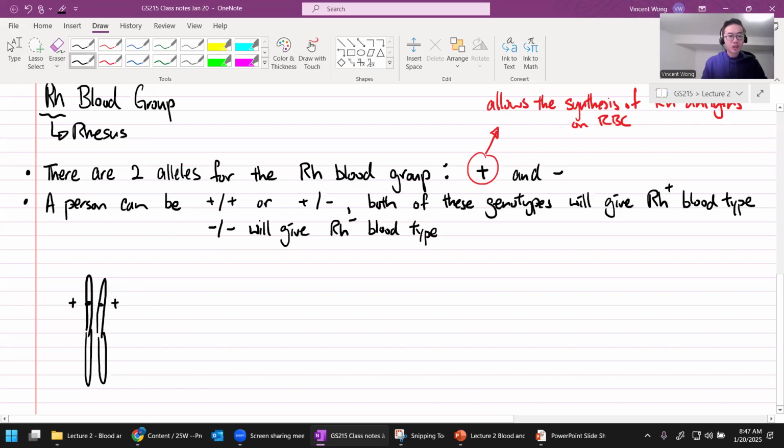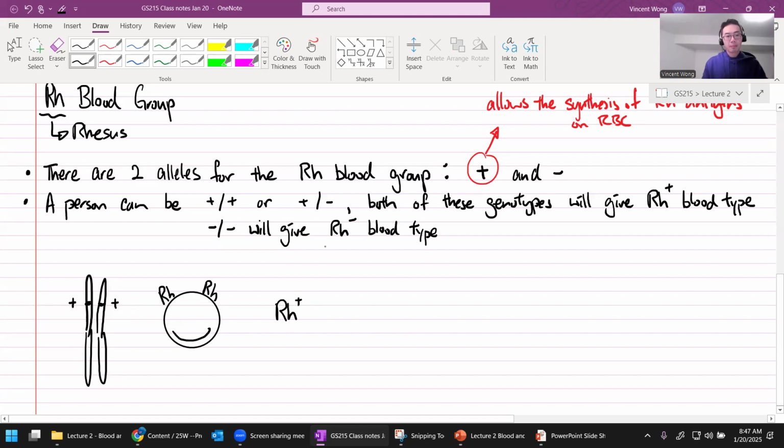It means this gene will allow the cell to make Rh. So if you look at the RBC, because of the positive allele, they now can put Rh on it. And because the cell has Rh, the person will be Rh positive.